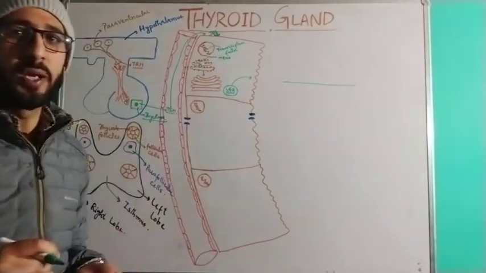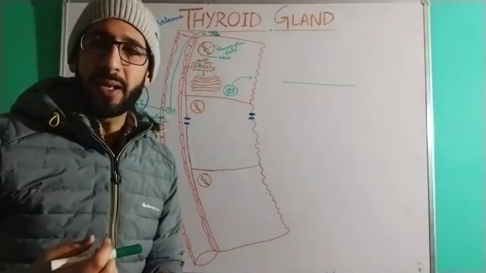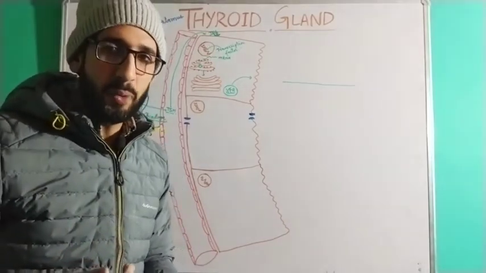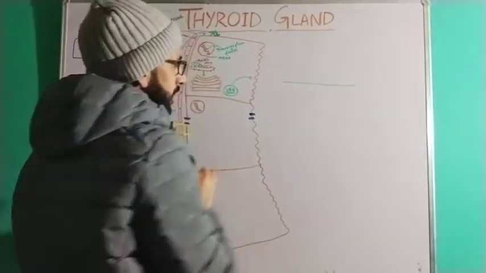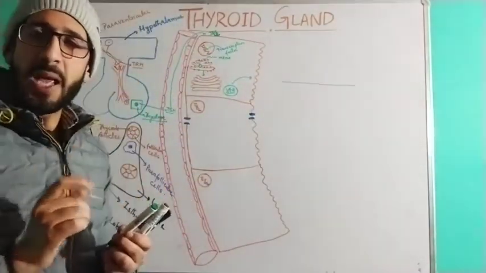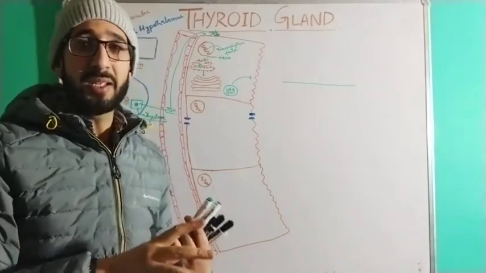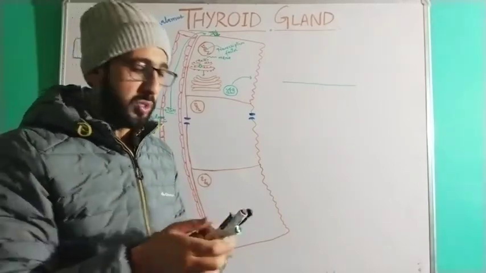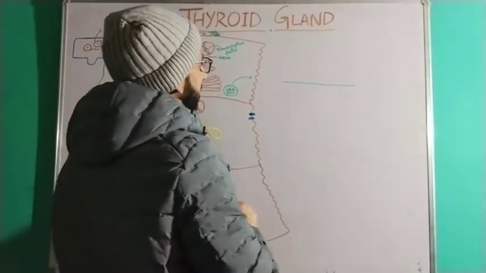of the thyroid follicle. Okay, now we know that a protein will definitely be made up of amino acids, right? Now this thyroglobulin is also made up of different amino acids, and one of the important amino acids involved in the formation of thyroid hormones is tyrosine. So let me make that tyrosine here.